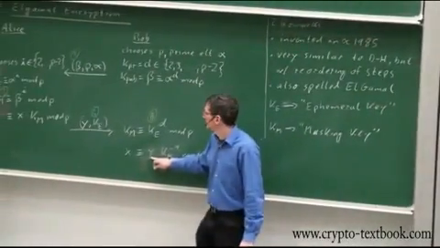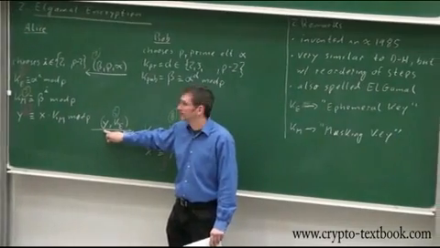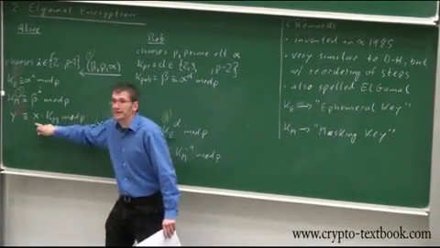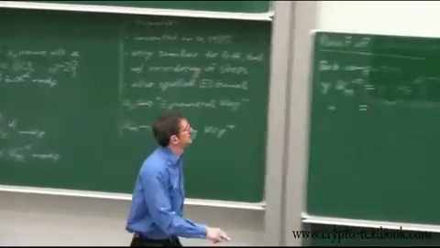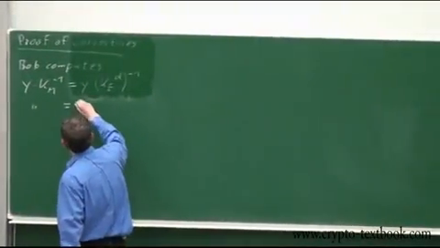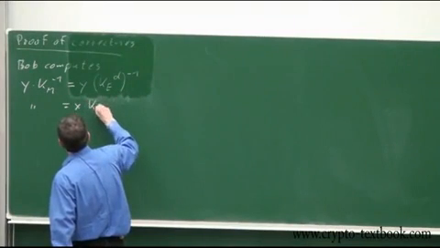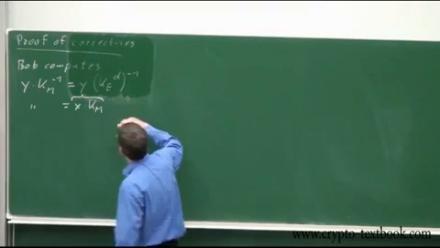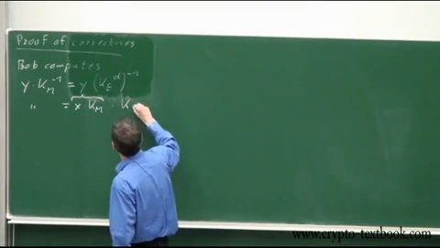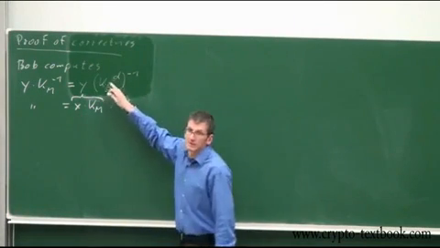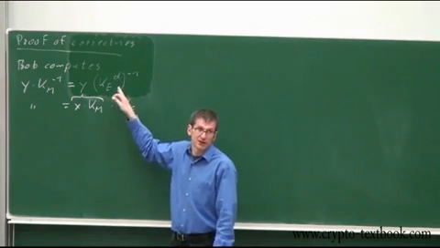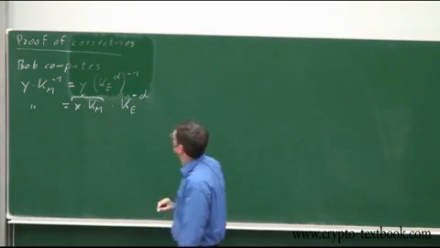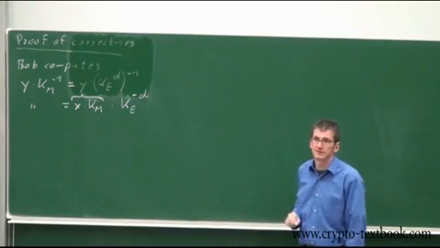Well, here's y. It came over the channel, over the internet, and it was computed this way, right? y is x times the masking key. So y is being replaced by x times the masking key times, and we're getting rid of the parentheses, the Klammern, here, right? So this is k to the minus d.